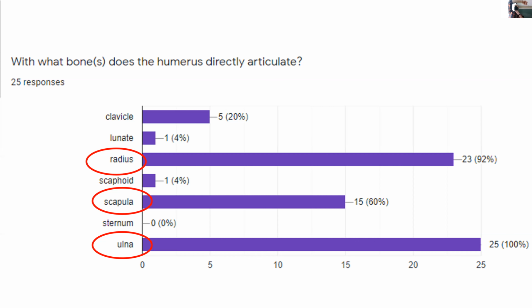And you can feel that if you put your finger right here. Go ahead and move your arm. You can feel that. It's a joint you don't think about very much, but it's actually a really important joint and really flexible because you can rotate it and you can bend it as well. So it does all kinds of stuff right there. And then the clavicle articulates laterally with what bone? Scapula. Yep, specifically what part of the scapula?